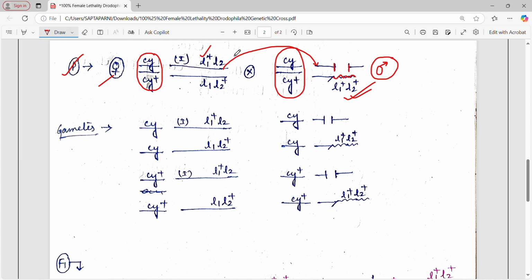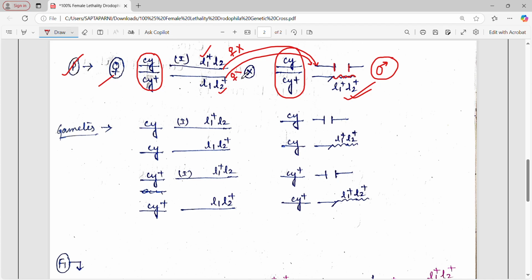So this female will not survive, it will be dead. Similarly, when this X chromosome of the mother combines with this cut X chromosome of the father, it will only get the product of L2 plus but not the product of L1. So this female will also not survive, it will be dead.